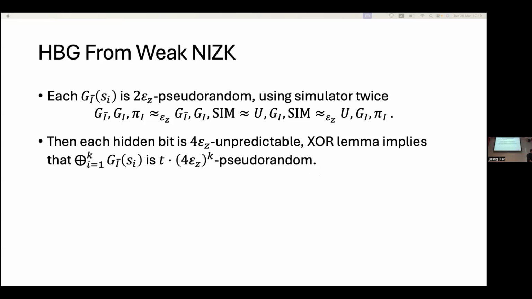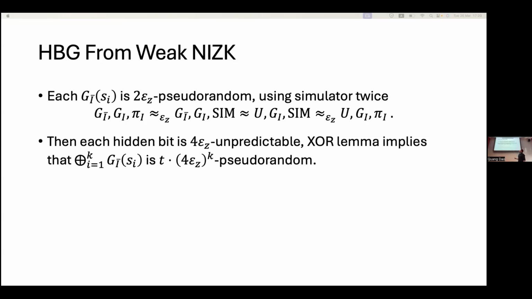So just to give you a quick analysis. I don't have much time, so I don't think I'll go over it really in detail, but the point is that you can show that if the weak NIZK is epsilon zero knowledge, then every hidden string is 2 epsilon pseudorandom.